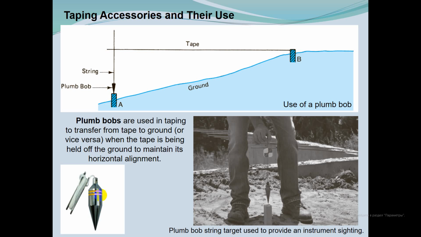Plumb bobs are used in taping to transfer the tape position to the ground when the tape is being held off the ground to maintain its horizontal alignment. Plumb bob string targets are used to provide an instrument sighting. So on this picture you can see the use of a plumb bob.